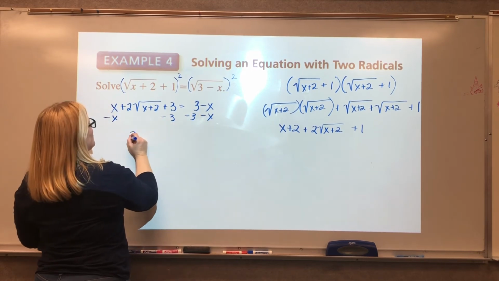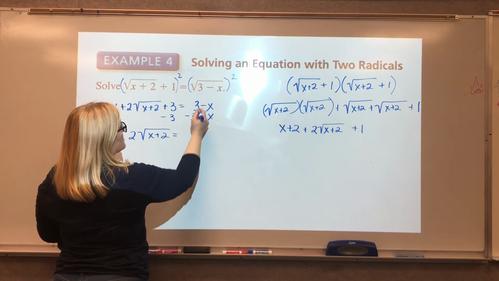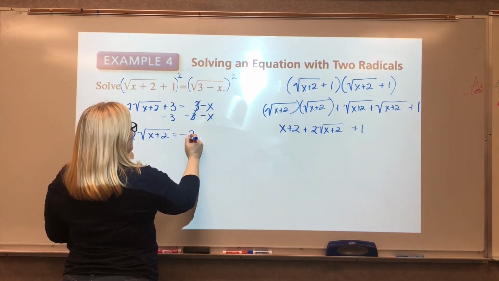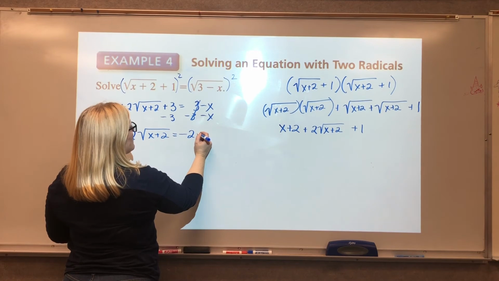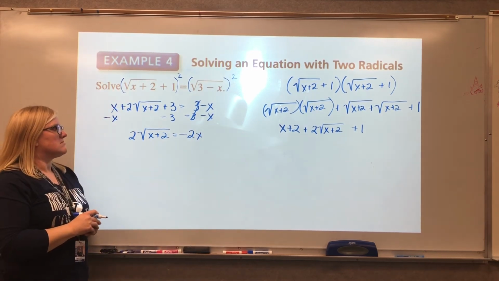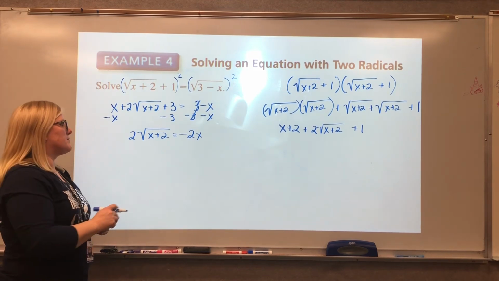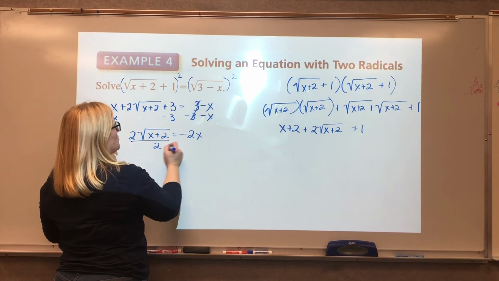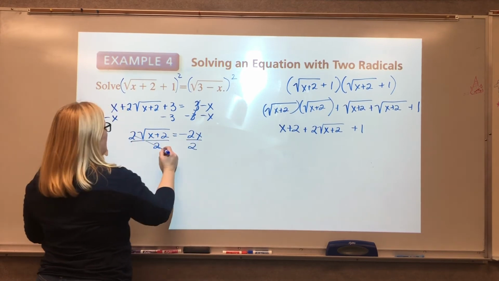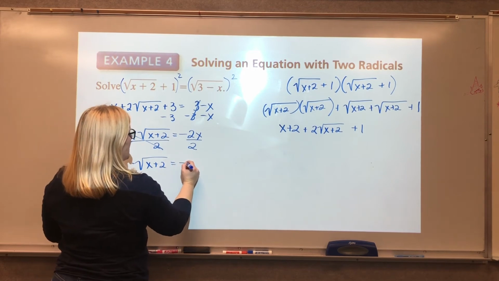So I get 2 times the square root of x plus 2 equals negative 2x. Now I'm going to divide by 2, and I get the square root of x plus 2 equals negative x.